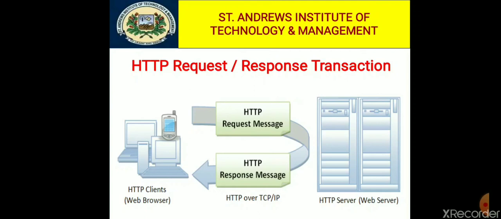Next, the server runs an application to process the request, and last, the server returns an HTTP response, meaning output, to the browser. And last, the client, meaning the browser, receives the response. This is the whole process of the HTTP request and response transaction.